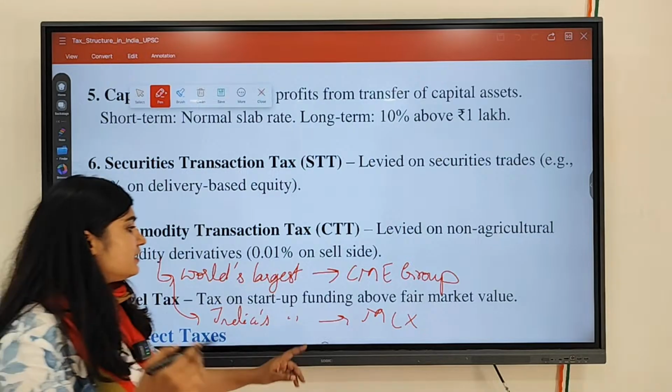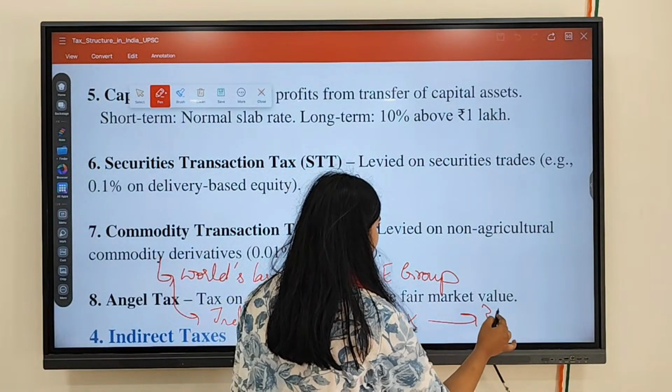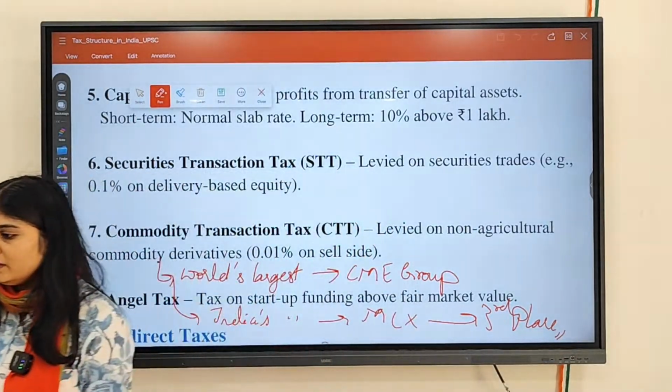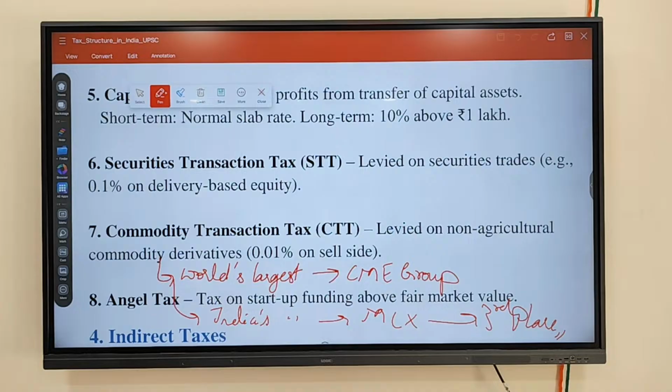And this stands third place at the global level. Just check, is it number 3 at the global level? Because in Ramesh Singh they have given it is the third largest commodity exchange in the world.